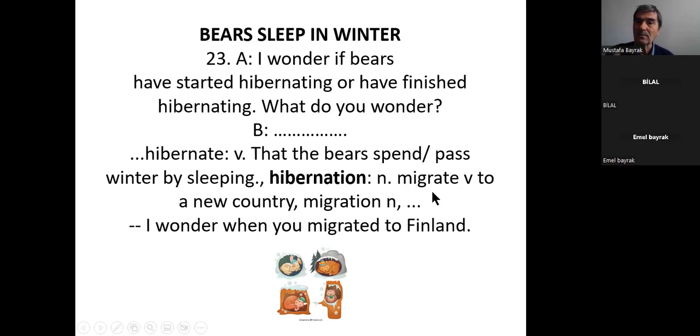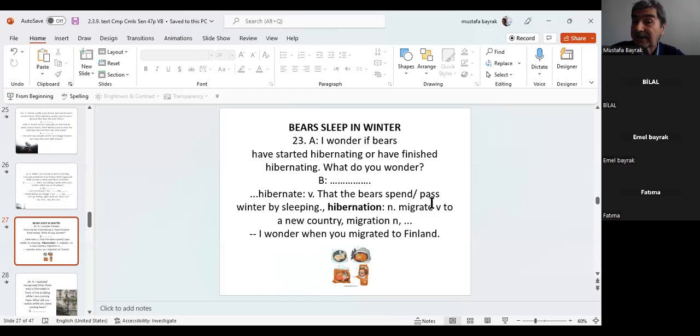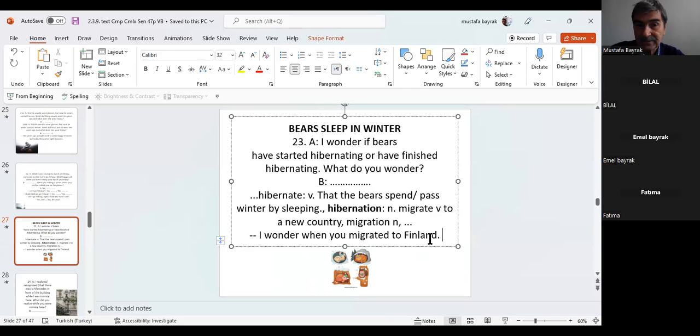Migrate from one place to another. Okay. Go or move from one place to another, to a new country, and the noun form is migration. I wonder when you migrated to Finland and became an immigrant, became a person, yes, immigrant.